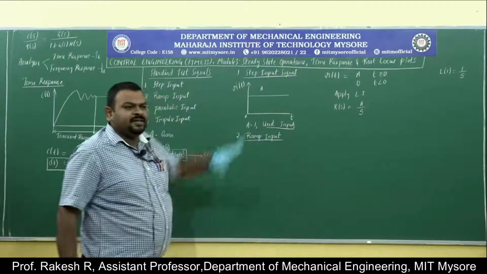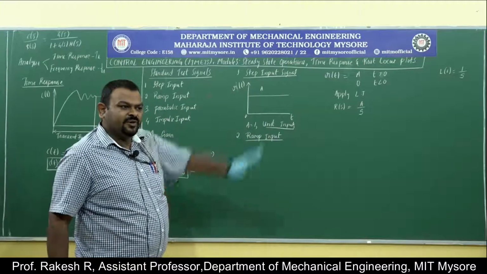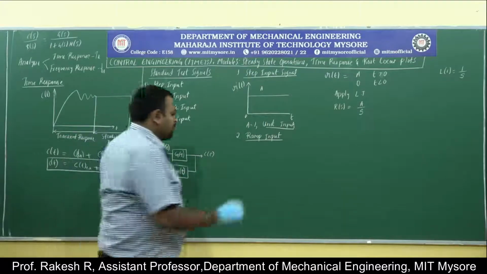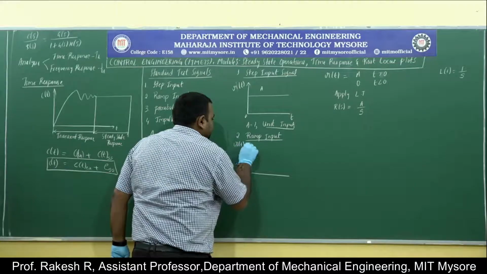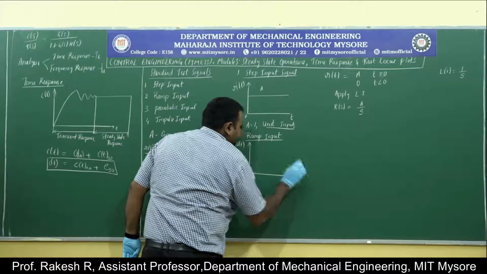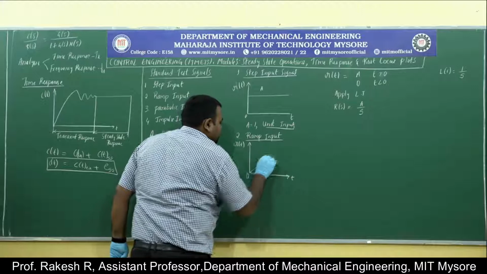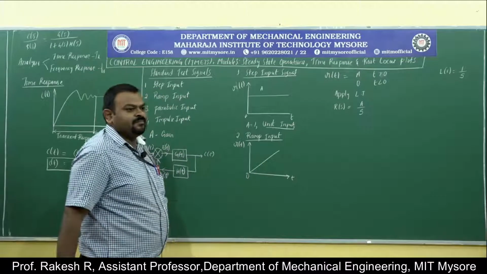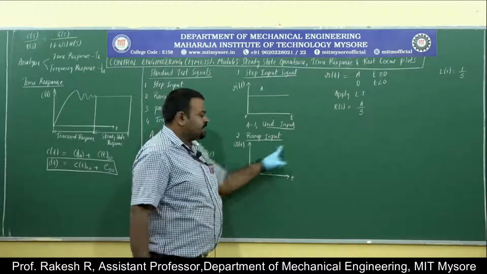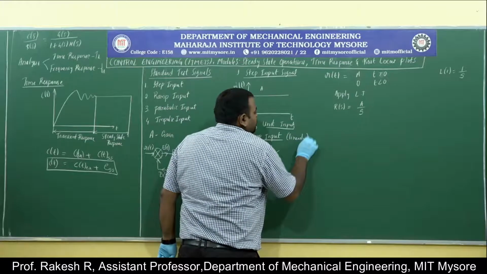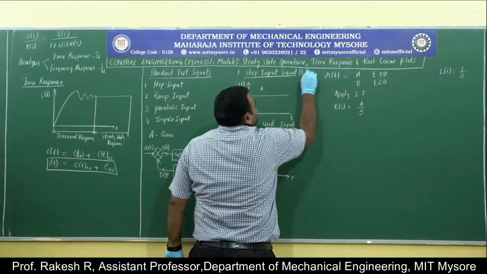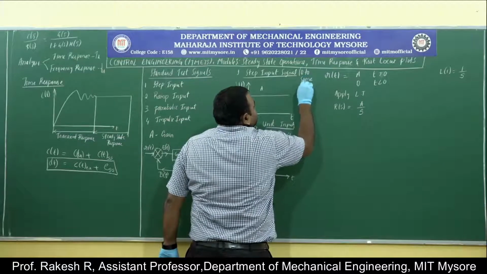Again, ramp is nothing but it is going from 0 in some linear graph. So what I will do is, this is R of t, this is time, this is 0, and this is ramp input. Again there will be a gain. It varies linearly from 0 to some level.